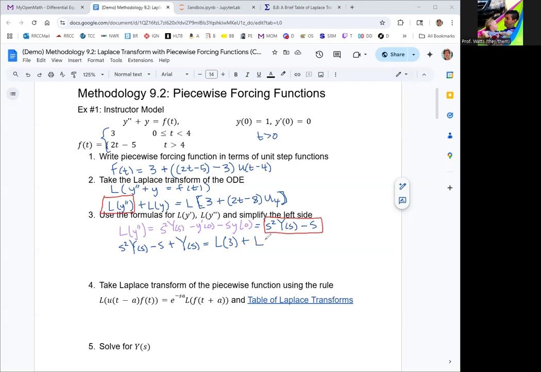Why not? And where we're headed with this, you can see in step 5, we're going to solve for big Y of s, which only appears on the left side. So you can actually go ahead and factor that here.